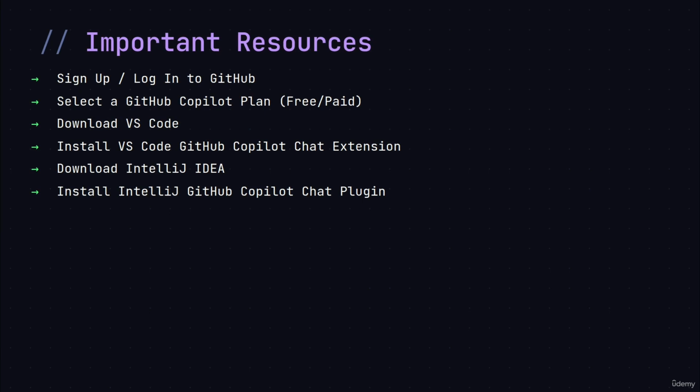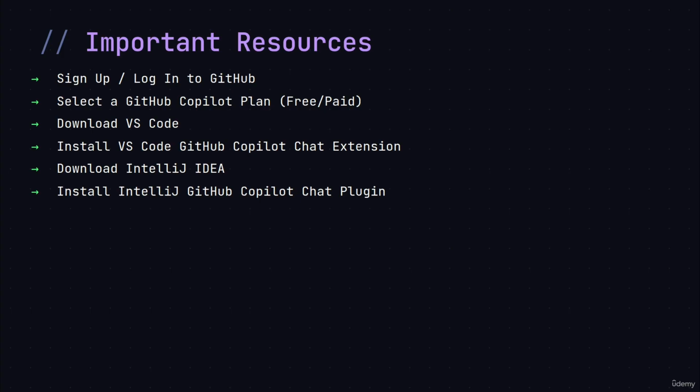Now, firstly, important resources. You'll find links to these resources in the resources section of this lecture. The first one there is to make sure that you sign up to GitHub if you haven't done so yet, else you can log into your GitHub account. And the next one is to select a GitHub Copilot plan. You'll see that there are free and paid plans.